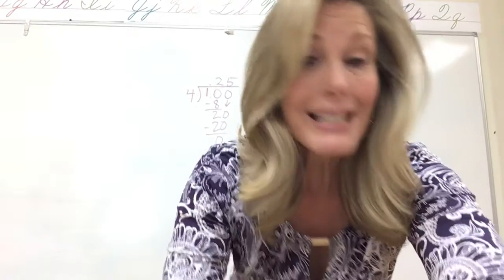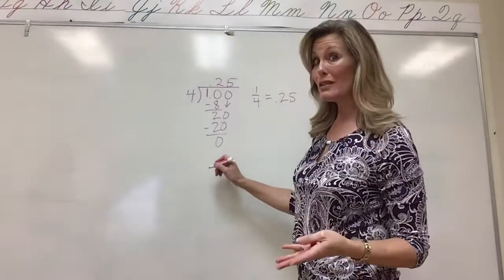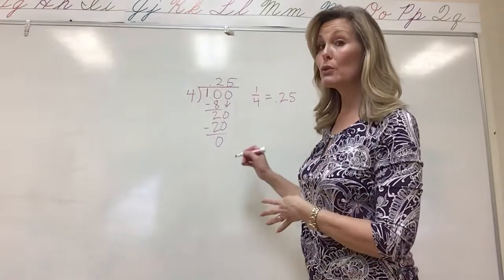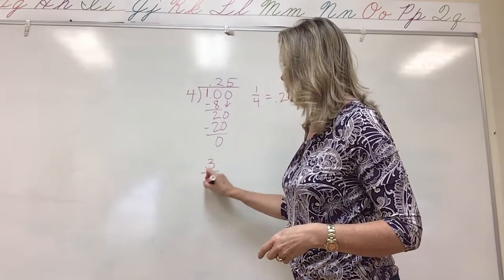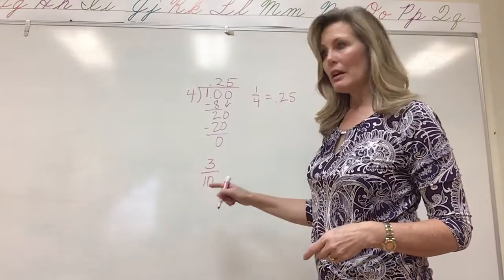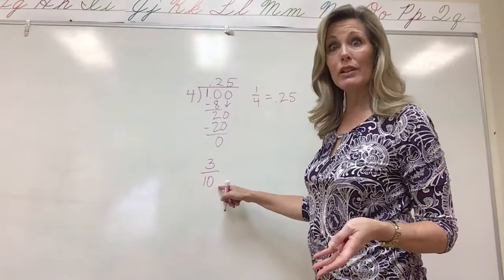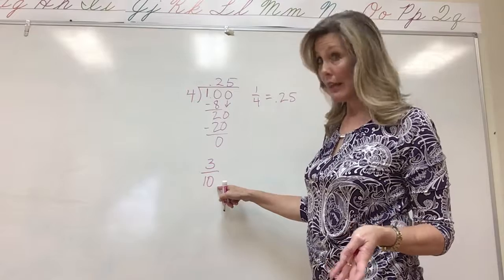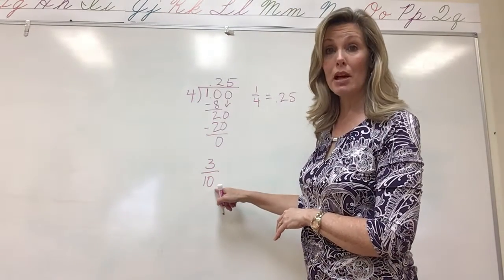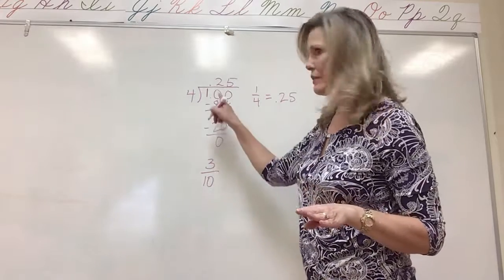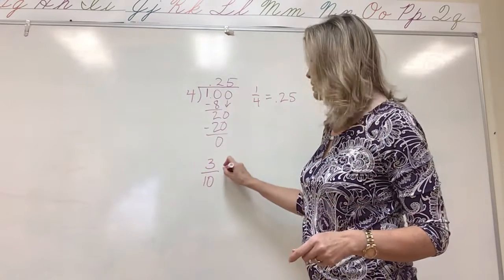Letter B, 3/10. We should already know this one from when we have worked with just basically converting fractions to decimals. If it has 10, 100, 1,000, 10,000, etc., if it has a power of 10 on the bottom, on the denominator, I don't need to do this division because I already know it.